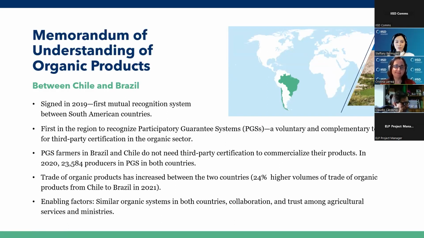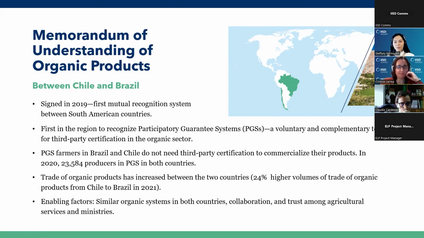Our final example is the Memorandum of Understanding on Organic Products between Chile and Brazil. This memorandum was implemented in 2019, and it is the first mutual recognition system for organic products between South American countries. It is also the first one in the region to recognize participatory guarantee systems.